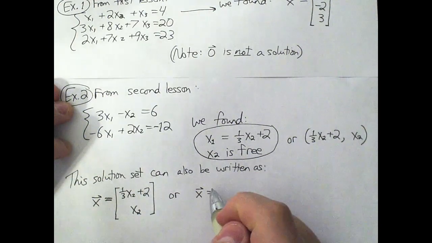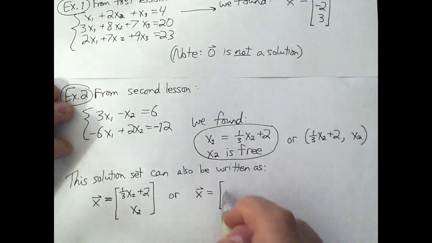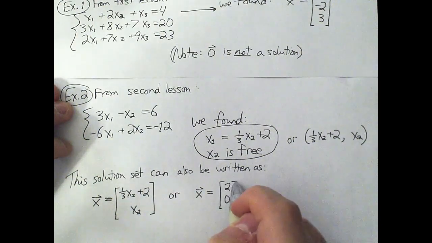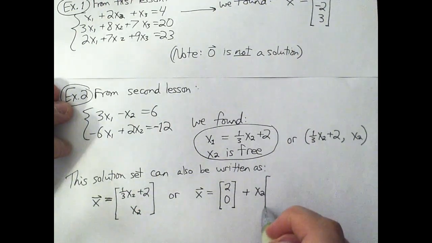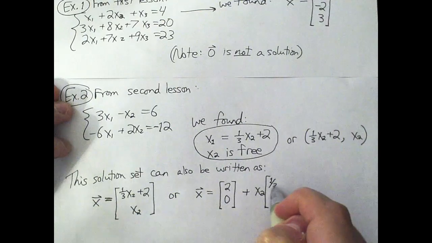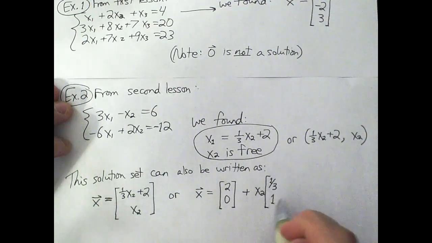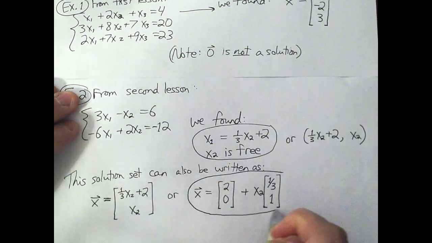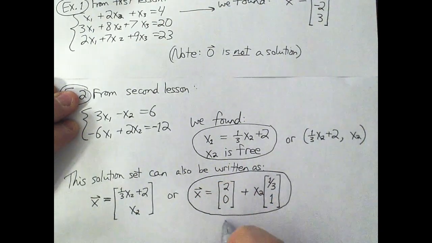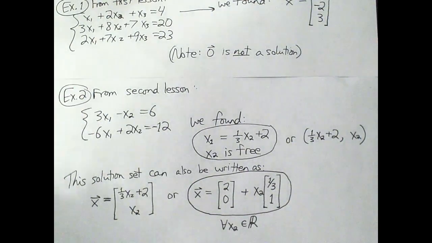So here's how I'm going to write it. The vector 2, 0 plus x2 times 1/3, 1. I'm going to circle this and say that this describes the solution set, and we could say for all x2 in the set of reals. Like x2 can be anything.